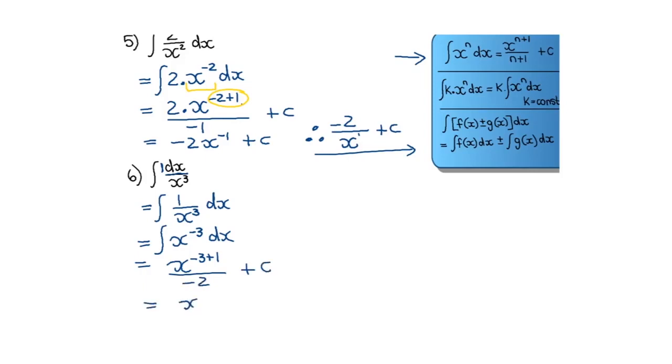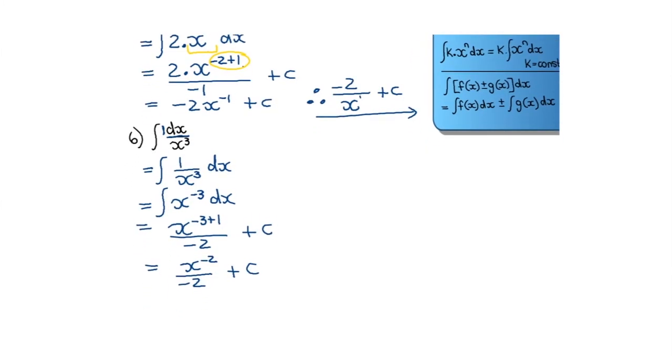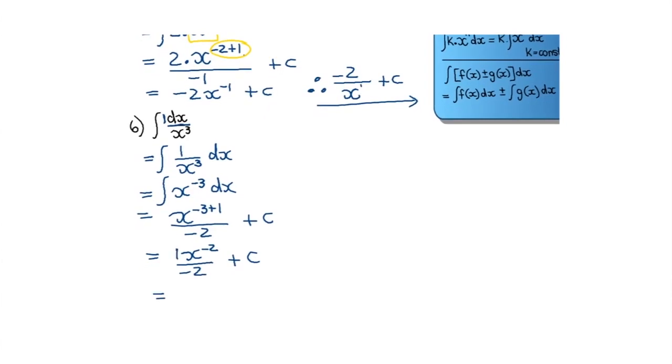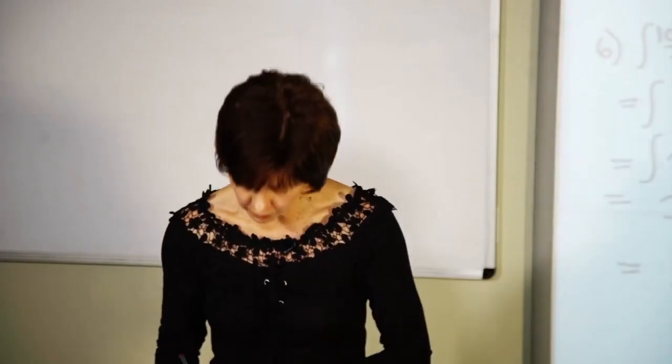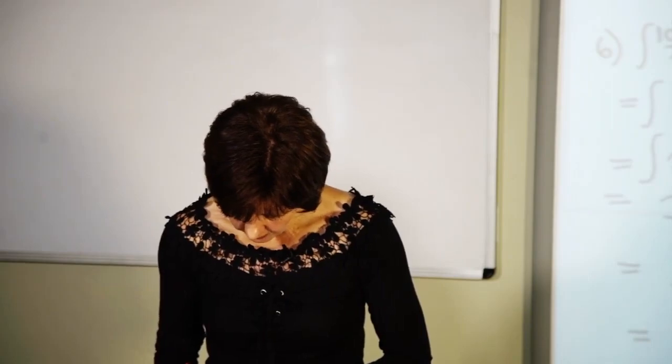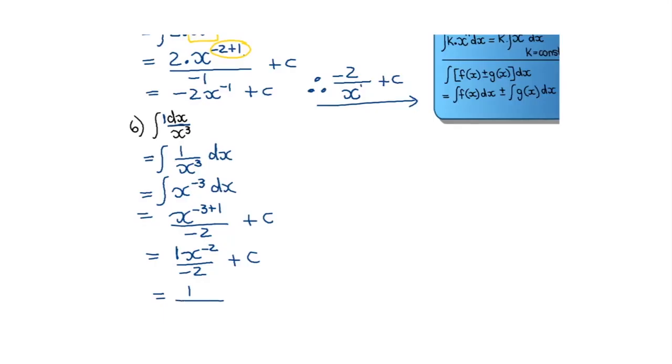So I've got x to the power negative 2 over negative 2 plus a constant. What will my final answer be? Remember, I want a positive exponent in my answer, so it's going to be 1 left on top. The negative 2 is at the bottom. x to the power 2 plus the constant.